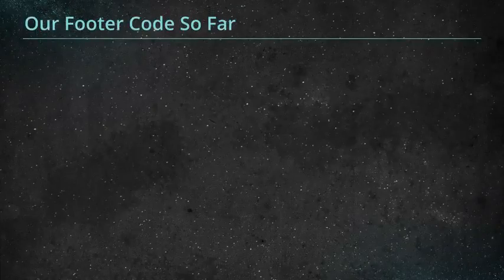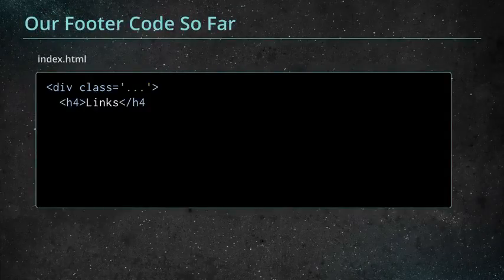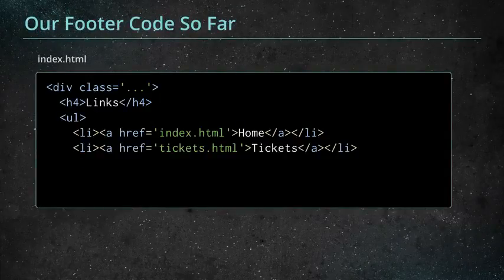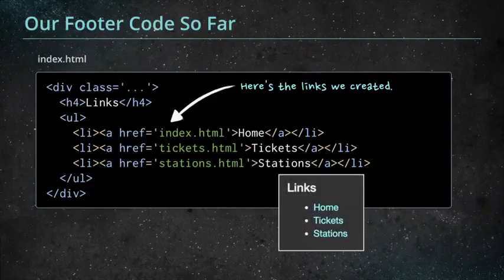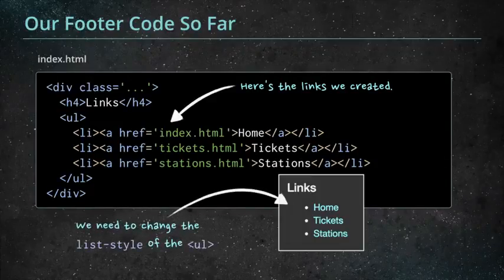Here's what the code for this section of our footer looks like. We have an H4 for our links, and a UL which contains a few of these links. By default, UL elements will add a list-style CSS property which adds in these little bullet icons and a little bit of spacing. We can remove both of these additions by changing the style of our UL element.